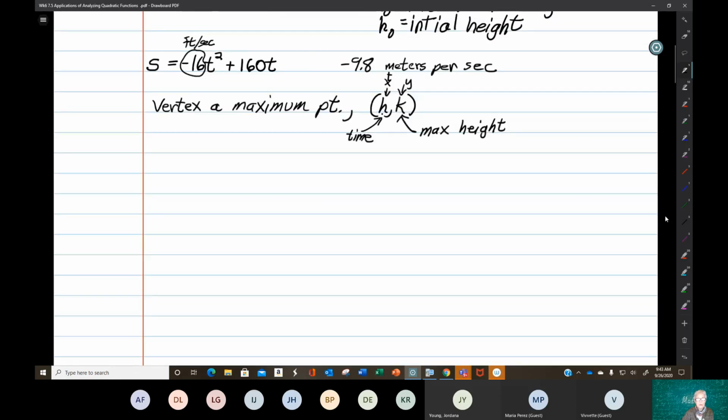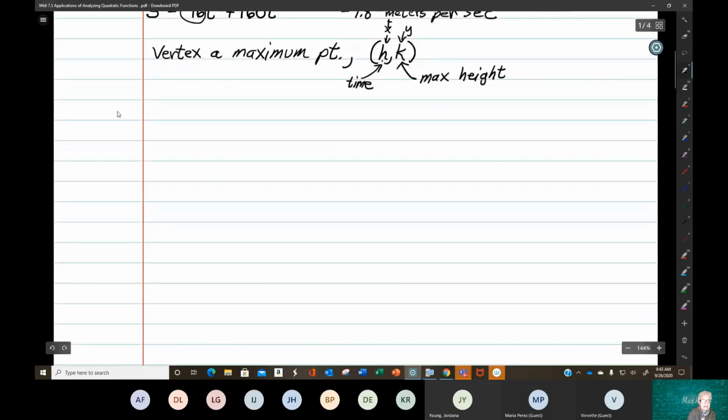So here we go. Let's start fresh: S equals negative 16t squared plus 160t. We use our quick and dirty little formula for h, which is negative b over 2a.